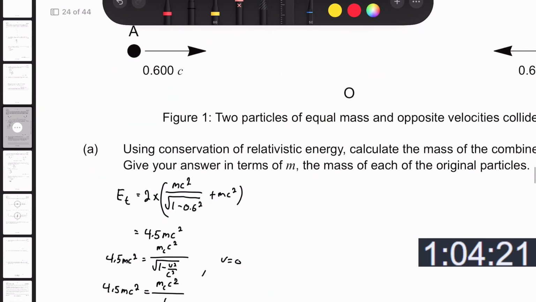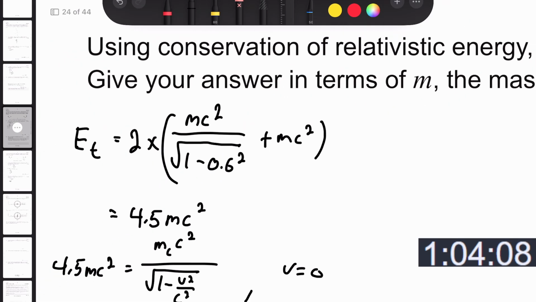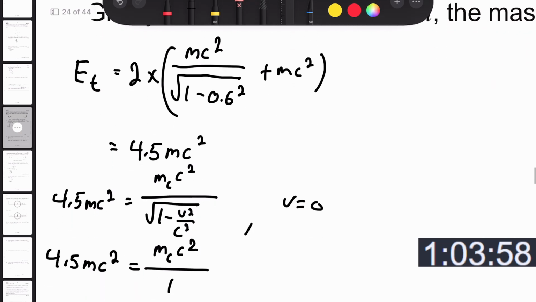So the combined particle's energy equals mc squared. Okay, let's erase c squared. 2 times 1 over the square root of 1 minus 0.6 squared, plus 1, is 4.5 mc squared.